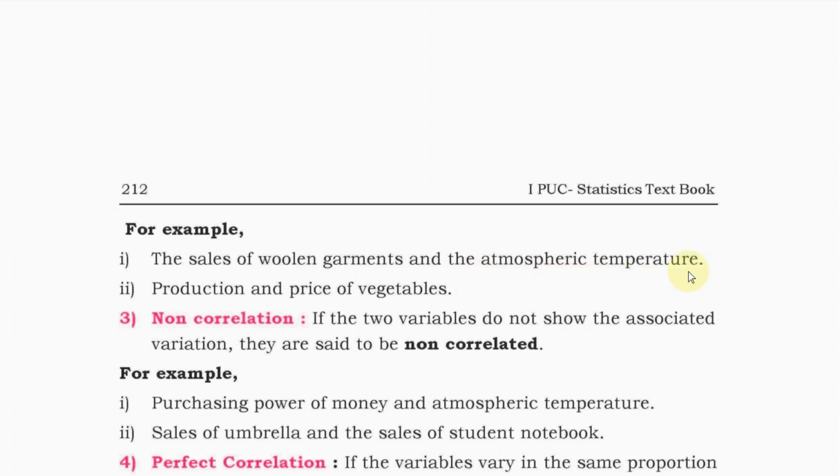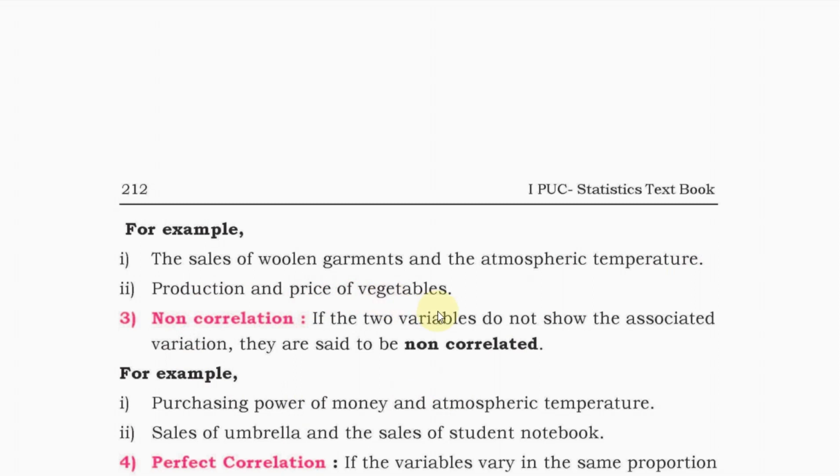When the temperature is high, the sale of woolen garments will be almost zero. When the temperature is low, that is during the winter seasons, the sales of woolen garments are higher. So as the temperature decreases, the sale increases.